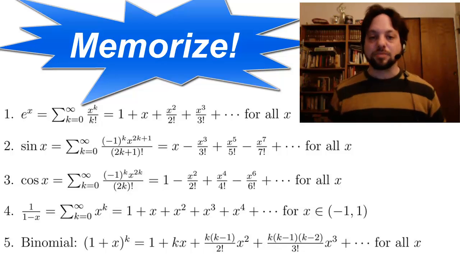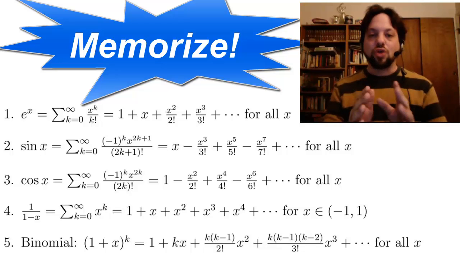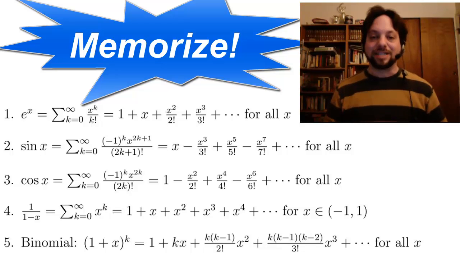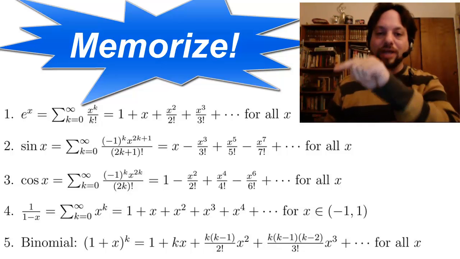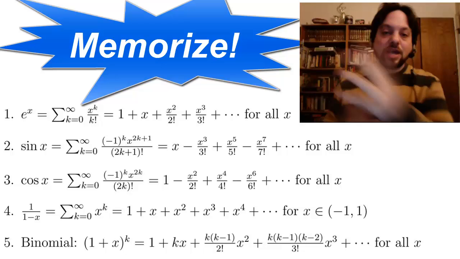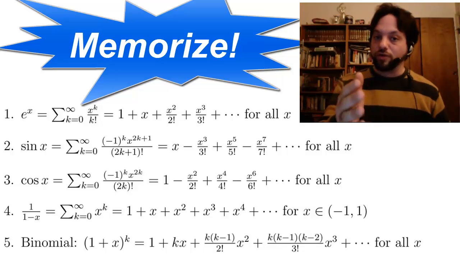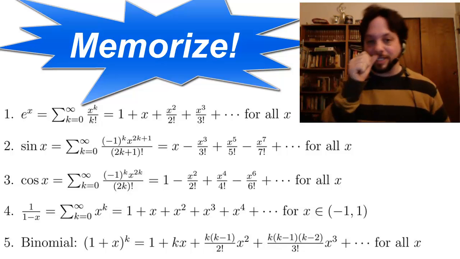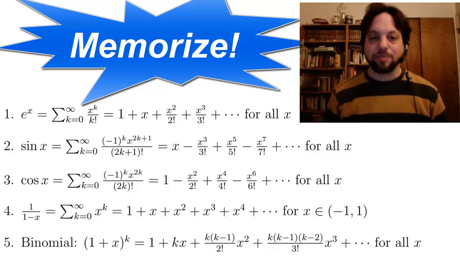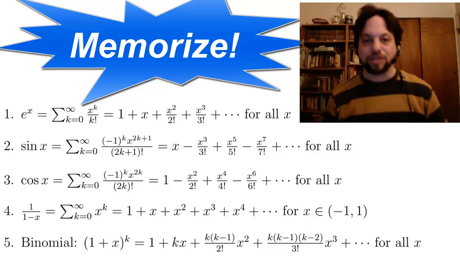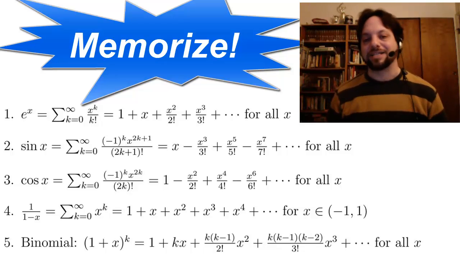In fact, at this moment, I would even recommend that you go back and try some of the problems on these notes that we just finished, using this information right down here. It could only help you to understand what's going on and show you that it actually does make things a little bit easier. You, of course, can generate any of these. I'm just saying that memorizing them would be a time-saving measure, and a big one at that.